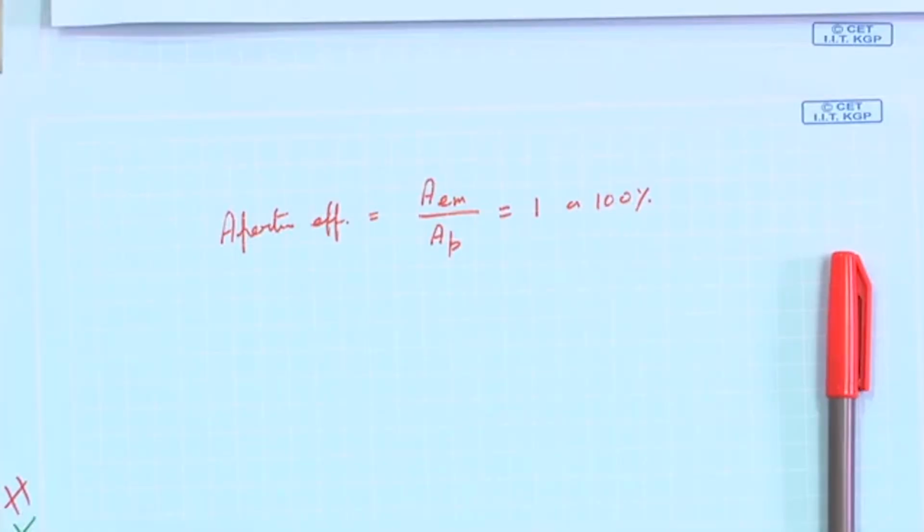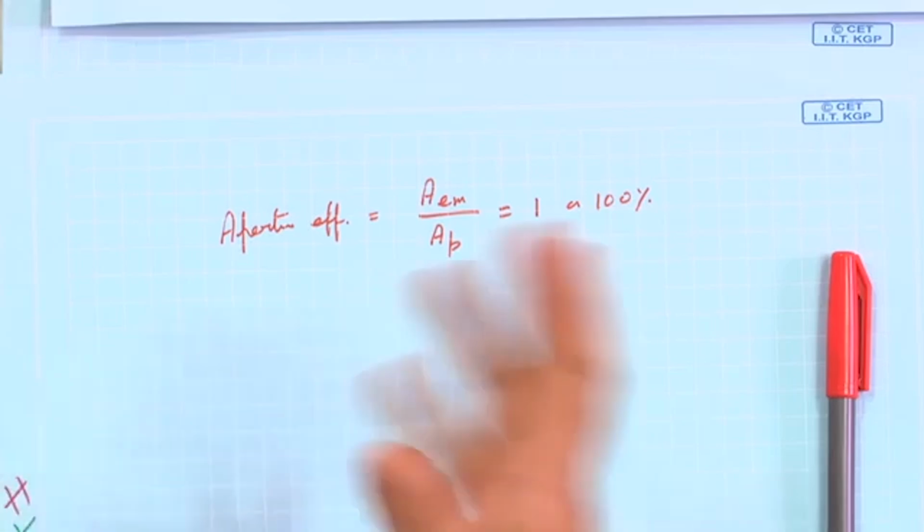Now, we will see that you can get the full effective area, that efficiency to be 100%, if you have uniform illumination. If not, then you will have a reduced efficiency. And from here we can also calculate other things like beam efficiency, that we have discussed, that is, what is the power in the main beam.